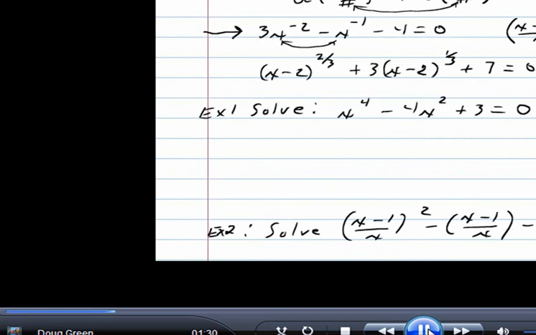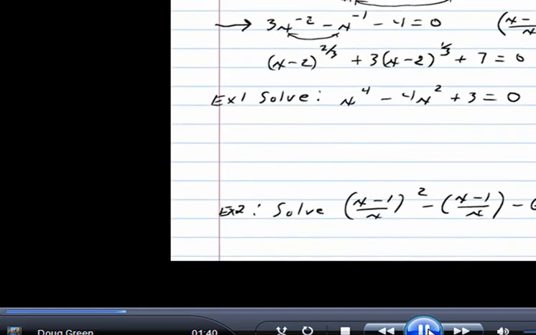That is, it's important that the exponent of the higher power be twice as big as the lower power. So here, this exponent is -1, this one is -2. That's exactly twice -1.